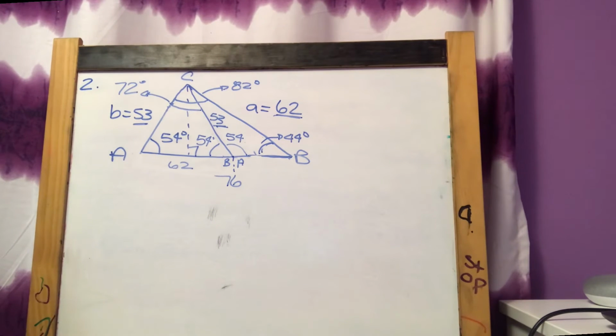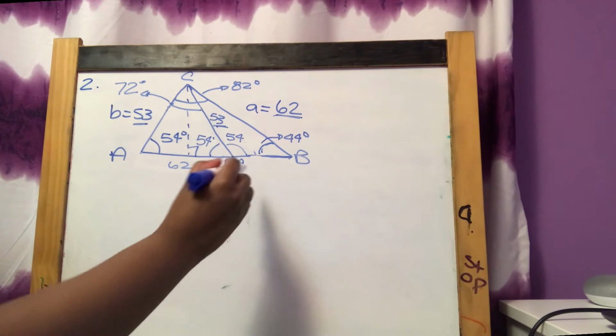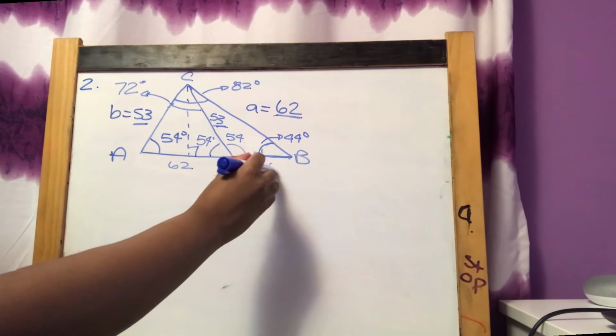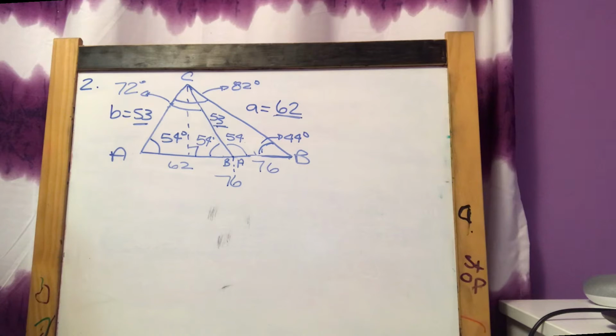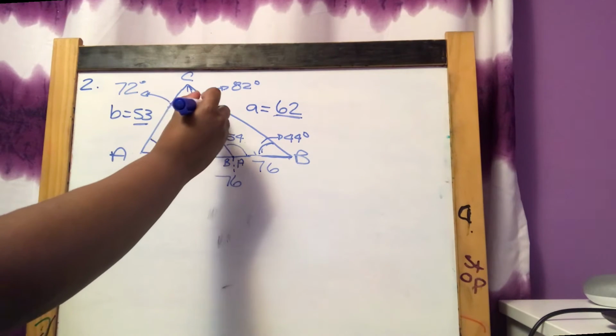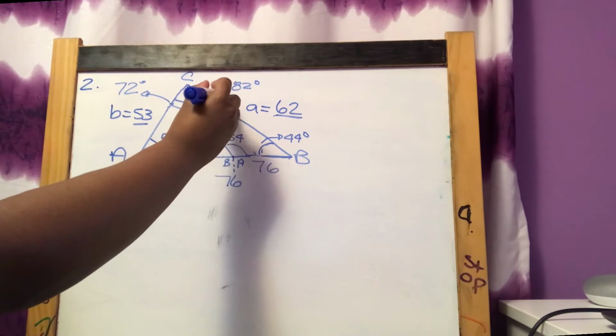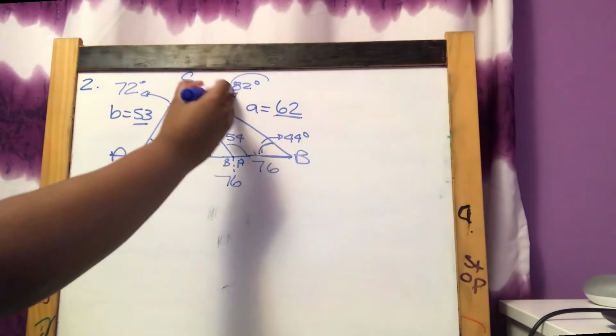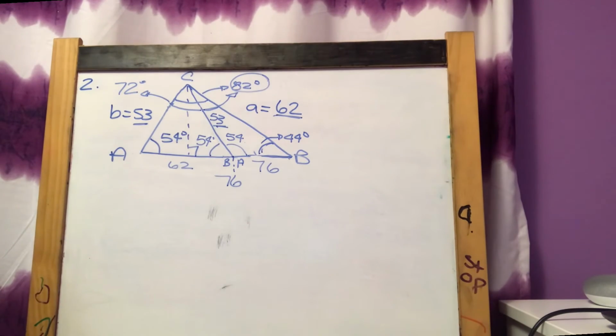And this is where I realized that the length opposite of C would be 76 again, because I'm still using the same exact numbers to determine all the angles and sides. So I said yes, it should be the exact same thing since I'm using the same numbers. So now I know that this angle would be 82 and the side opposite of C would be 76.